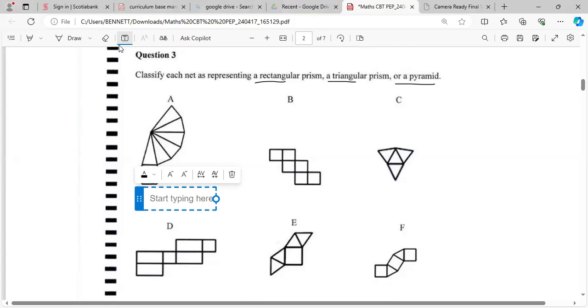Okay, sir. So for A, I got triangular prism. All right. So I'll just write what you say. For B, I got rectangular prism.